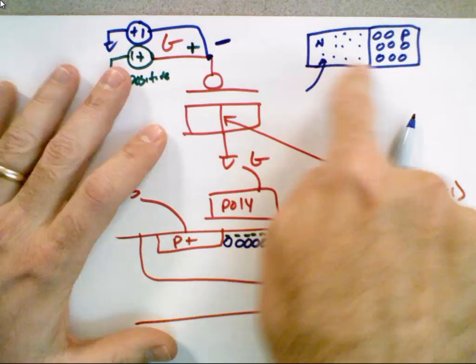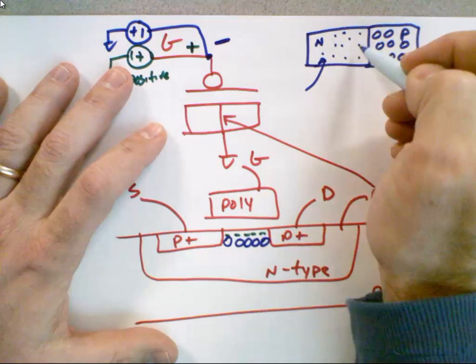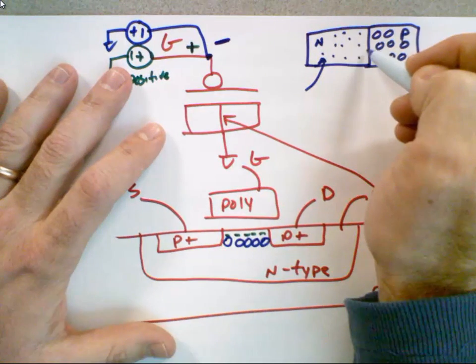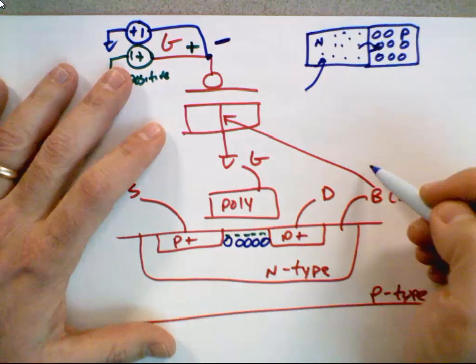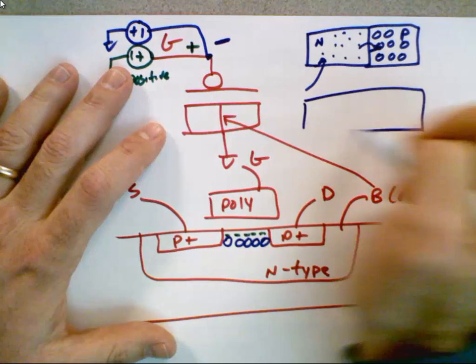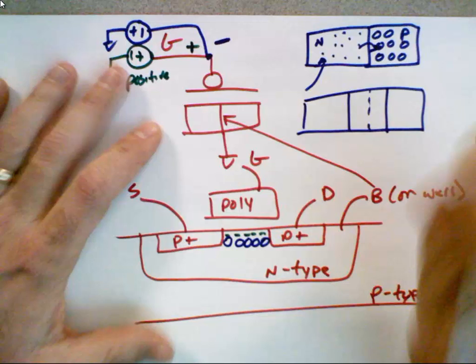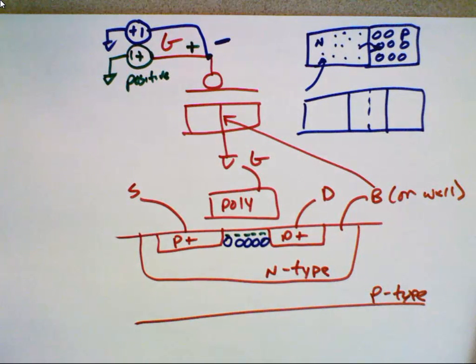What's interesting is when I put them together. When I put them together, this electron's free to move around. Well, it's going to fall in the hole. Okay? When it falls in the hole, what does it leave behind? The atom's sitting there, it's got all its electrons, and all of a sudden it loses an electron. What happens to the atom? It's positively charged. So it's a positively fixed charge ion.